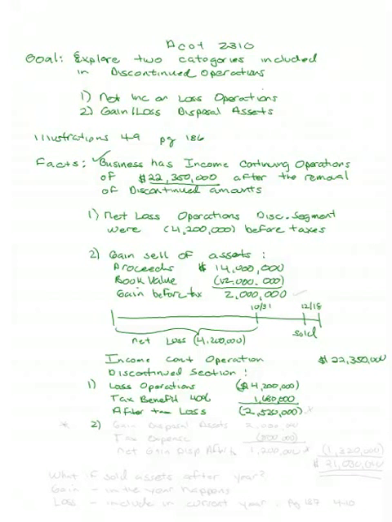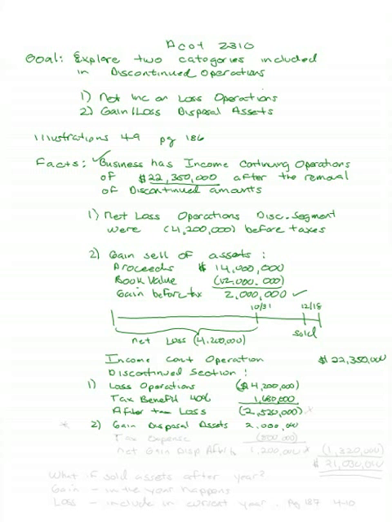Now the second piece, we had a gain on disposal of assets. Gain on the disposal of assets says we had a gain of $2 million, and we calculated that right here. Gain on disposal of the assets, put that right here, kind of close together, isn't it, is $2 million.